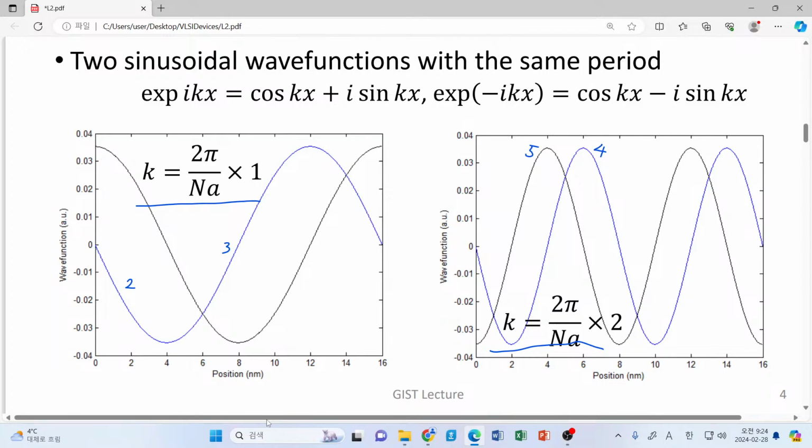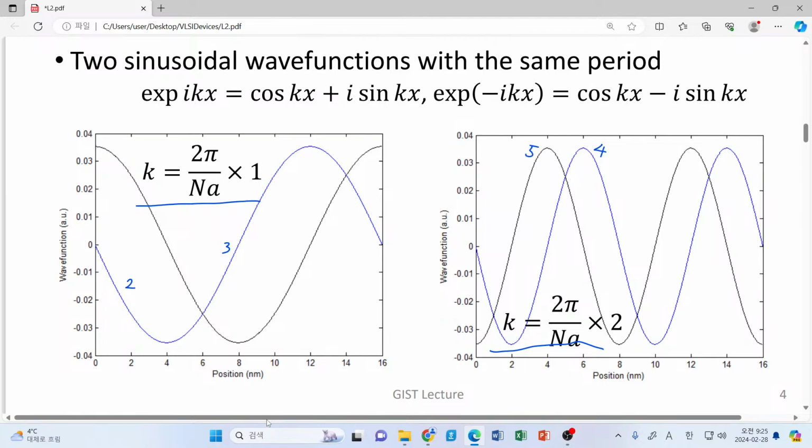What you can see is that both of them have the same period, and the only difference is their phase. If you shift this blue curve toward the right direction, then you can find that this blue curve and black curve overlap completely.